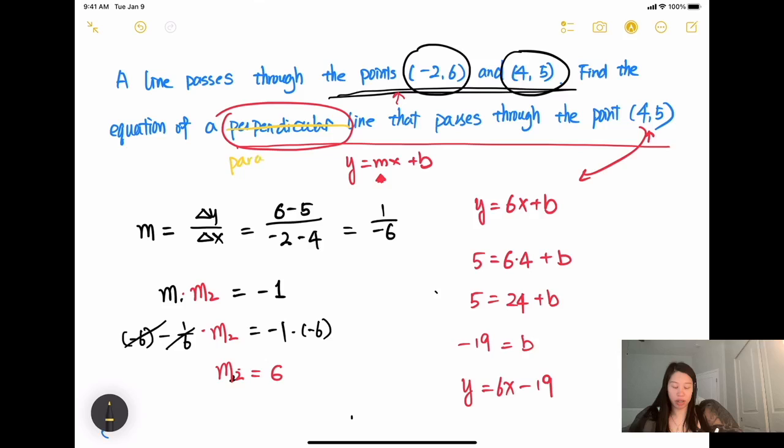If they say this second line is a parallel line passing through the point, then perpendicular means the product of these two slopes equals negative 1. But if they're parallel, that means m1 equals m2. Easy. So that's it for today's video. Let me know if you have other questions. See you next time.